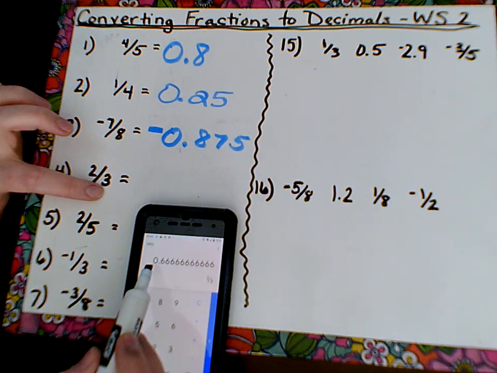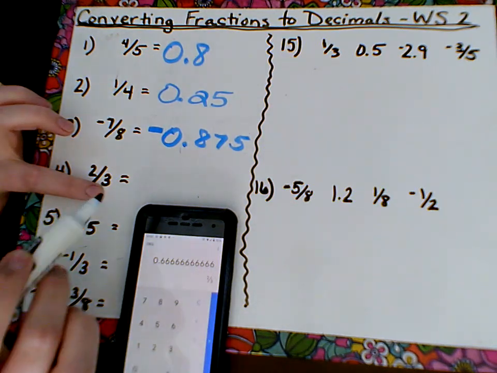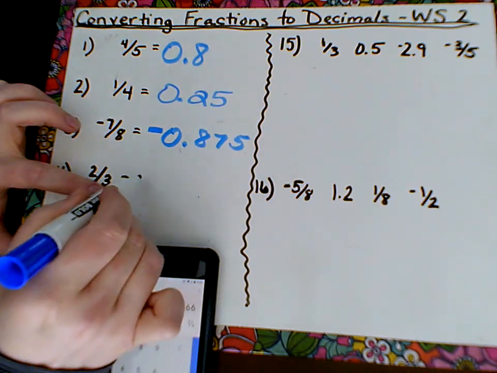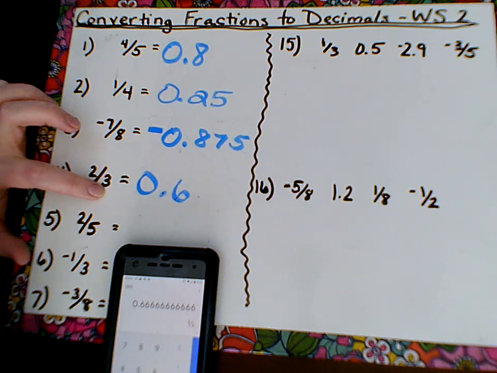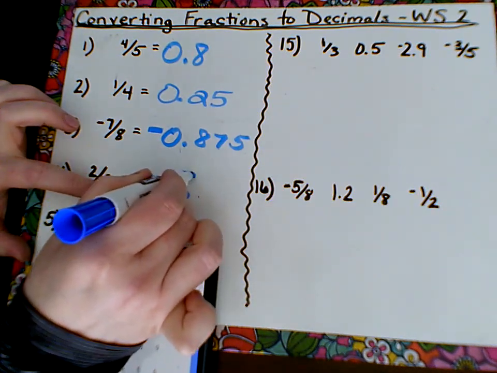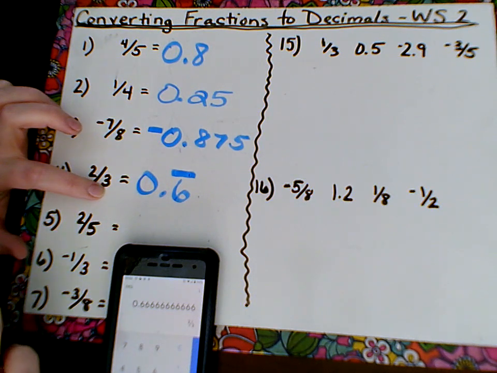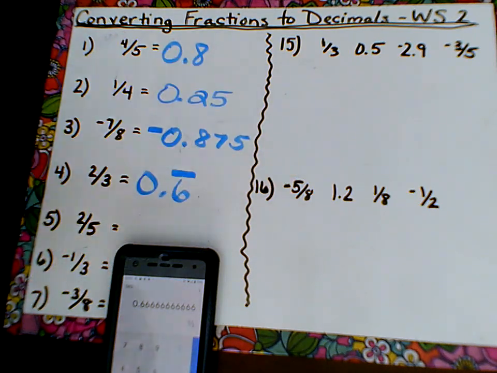Okay, so see that long decimal? The 6 is repeating. So the proper way to write this is to put down 0.6. To show that it's repeating, we're supposed to put this bar or line above the 6. And that's just a short way of saying, hey, this number, it keeps going forever and ever and ever.